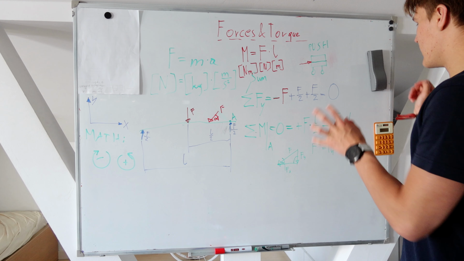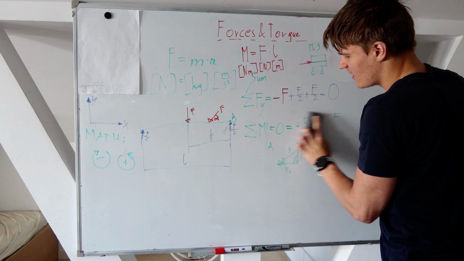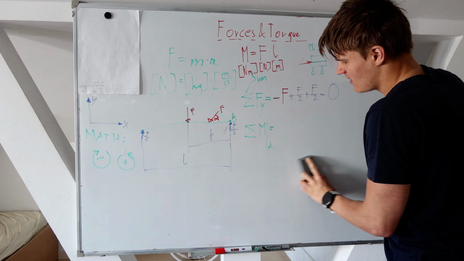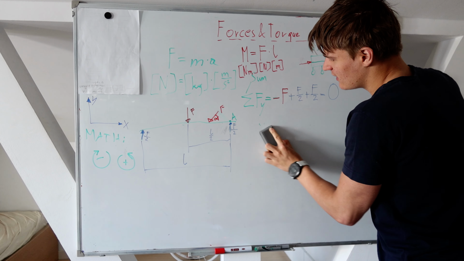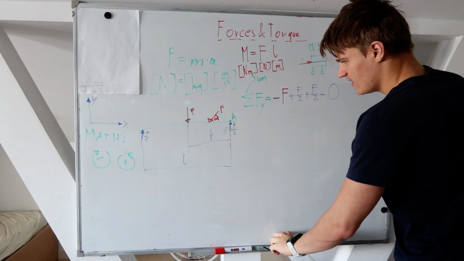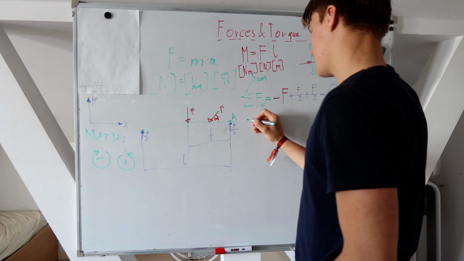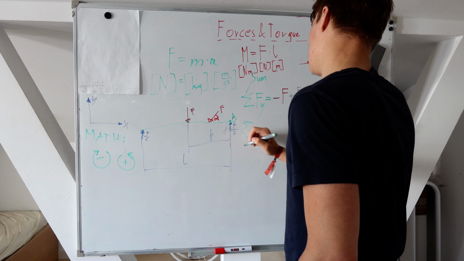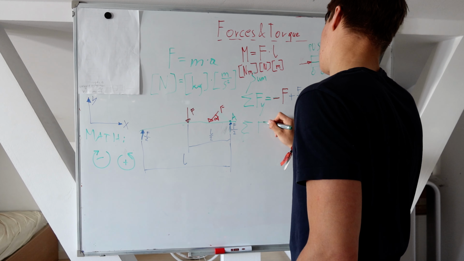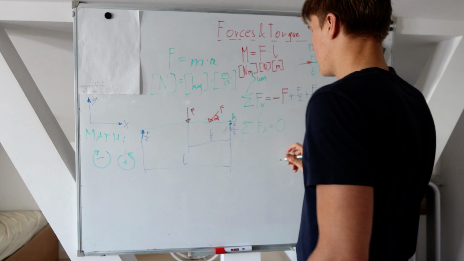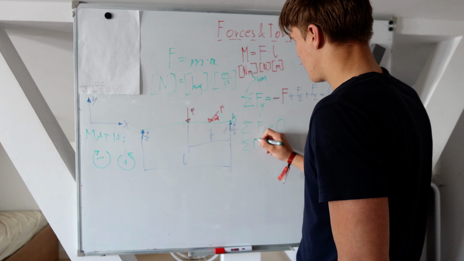So this is just a very quick introduction into this topic. And maybe one more thing to give you guys before I end this video: you have sum of Fy, then you have sum of Fx is 0, and then you have sum of M is 0.